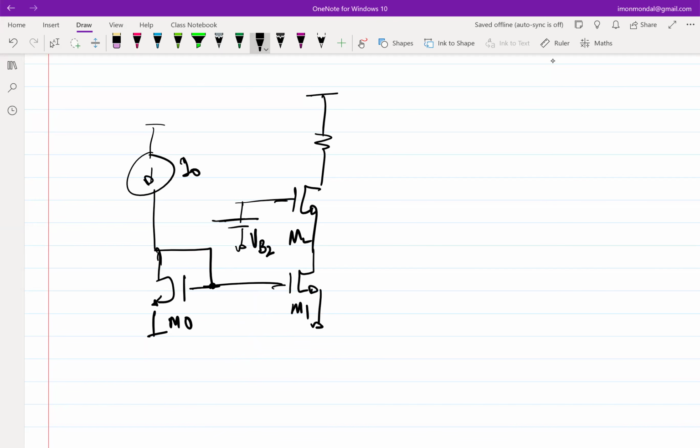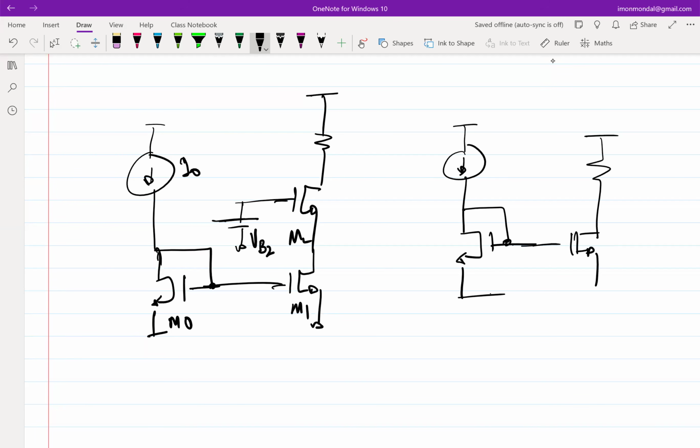What I would like to now concentrate on is how to accurately mirror this I naught from the left branch to the right branch. So inherently I used the term mirror without really defining it. These type of configurations, for example, let's say this resistor is not required.